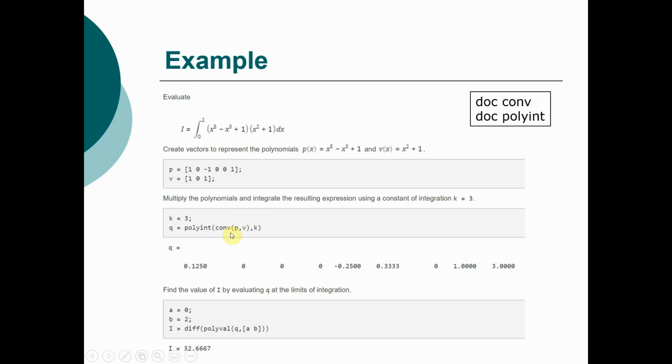We can use the convolution function. It has many other applications, but this is specific to polynomials. Okay, we see that similar to polyint, we also have the diff function for differentiation, which we're going to see in the next part of this video.